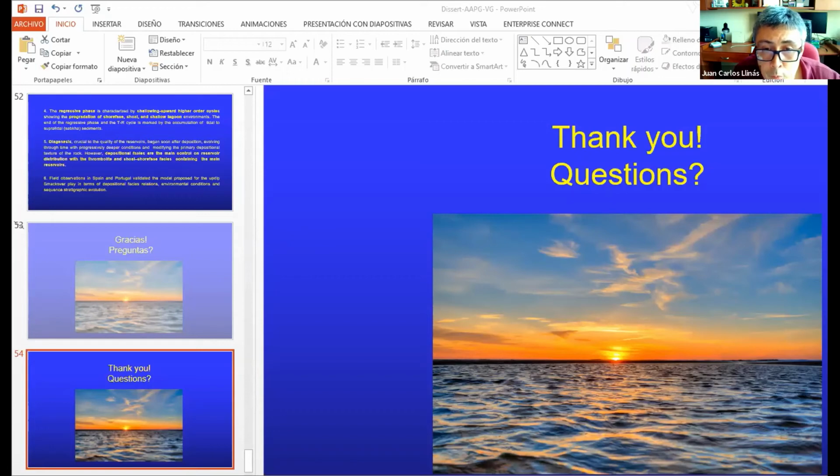Are the thrombolite pillows volcanic material, or is it just a way to group this sedimentation? No, the growing structure of the thrombolite resembles a pillow or a bowl or something like that, but it has nothing to do with volcanic material.